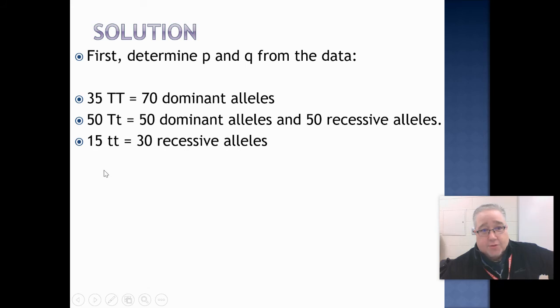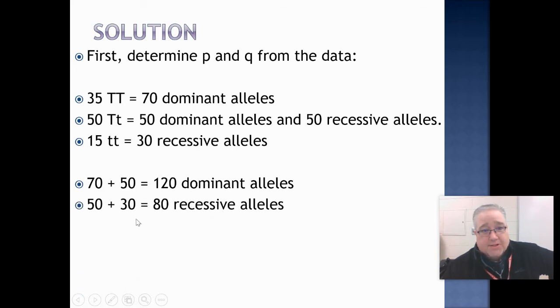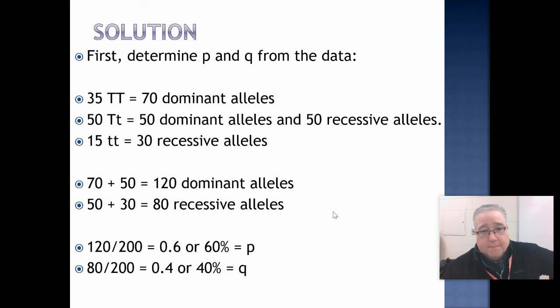And then 15 of those rabbits are homozygous recessive, so they contribute 30 total recessive alleles because each one of those rabbits has 2 little t's. So all we have to do is add up our dominant alleles. We get 120, right? 70 and 50. We can add up our recessive alleles, so that comes out to 80. And then we can figure out what our P and our Q values are.